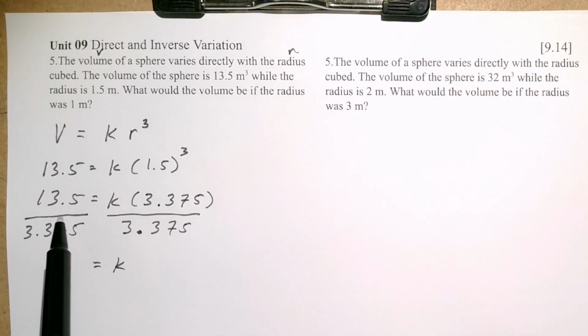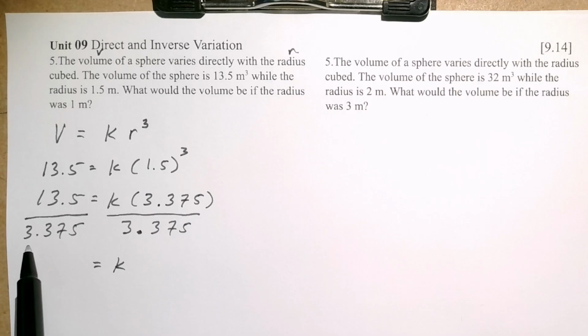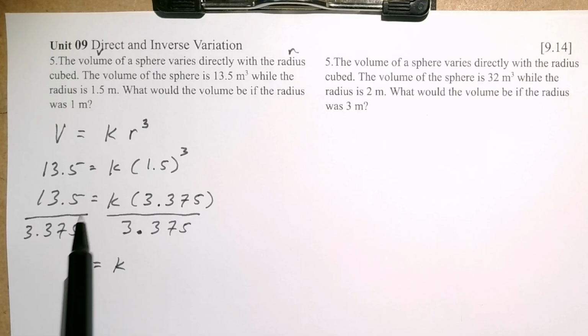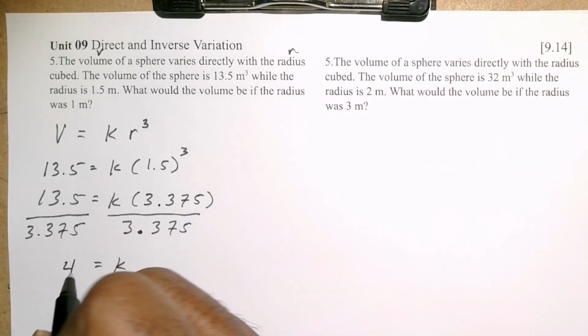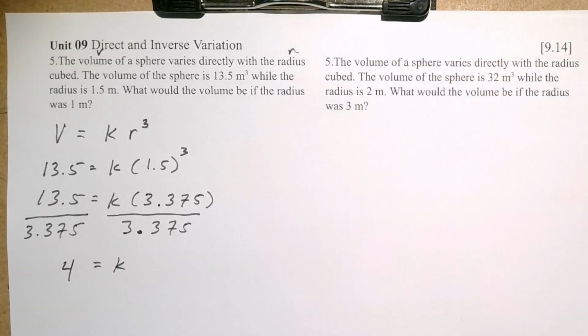And 13.5 divided by 3.375 is going to be 4. It divides evenly into 4. So this means that our volume is equal to 4 times R to the third power.